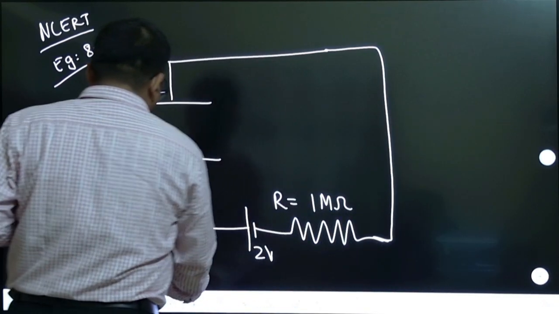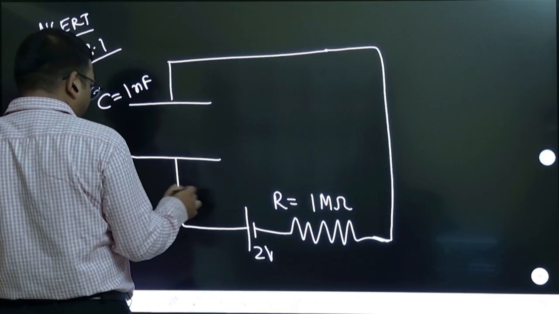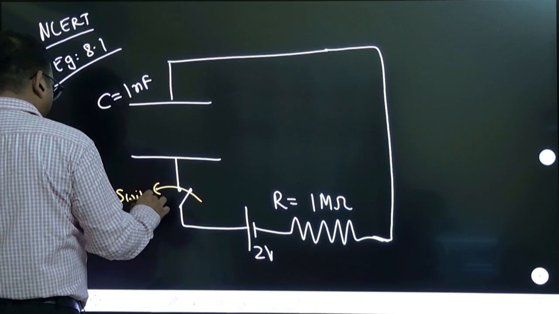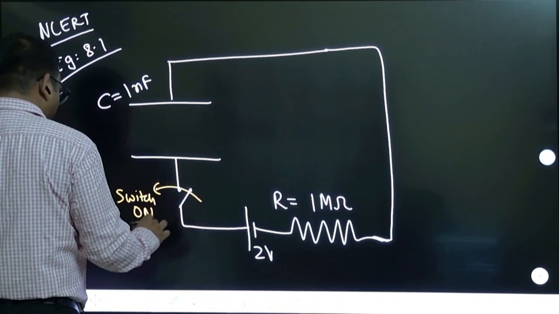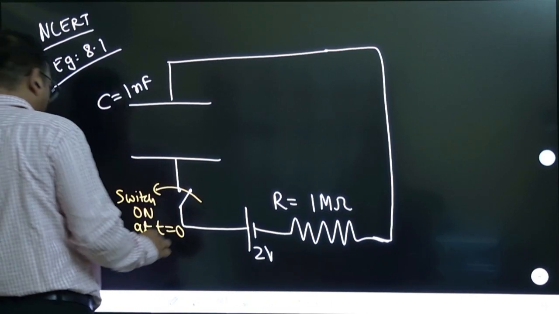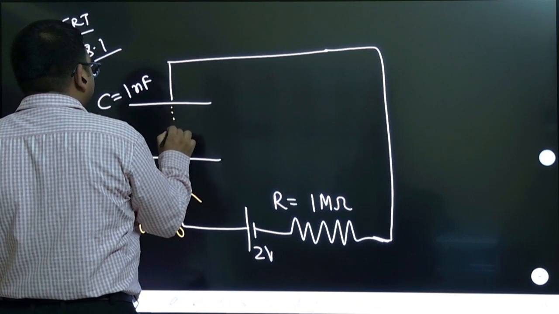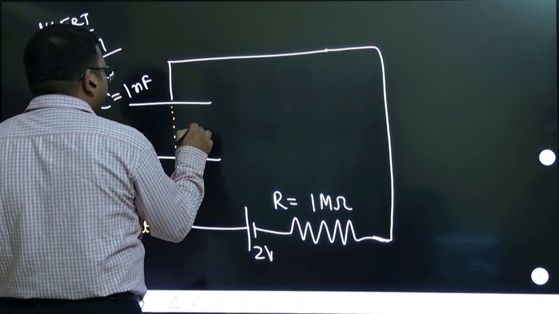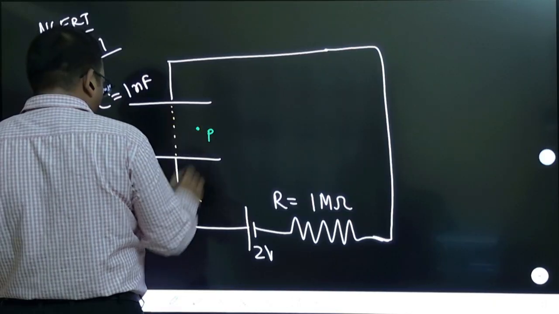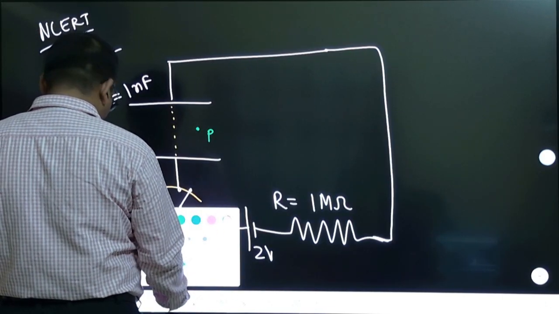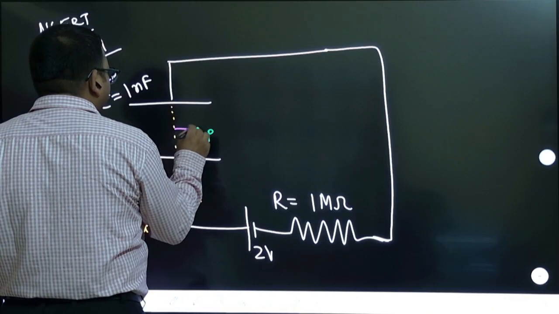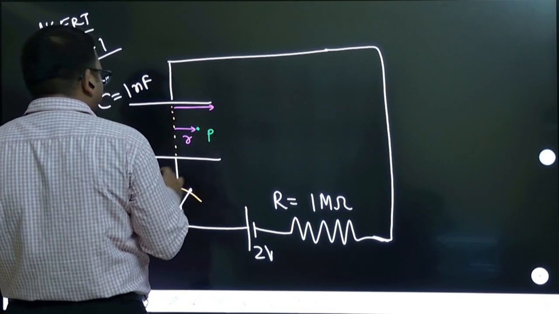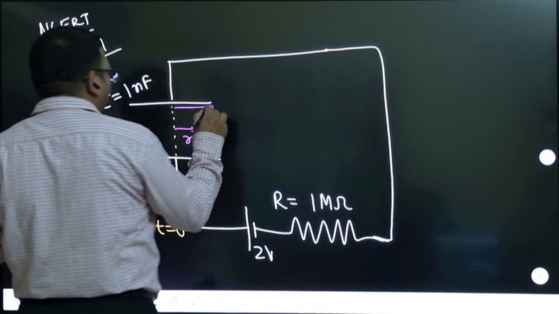And the question is that the switch is open right now, but you close the switch, or switch on, at time 0. They are saying that this is the axis of the capacitor, and we need to find the magnetic field at a point P, which is at some distance, let us say small r, and the total radius we can call r naught.